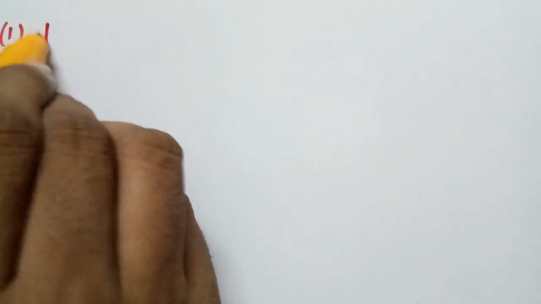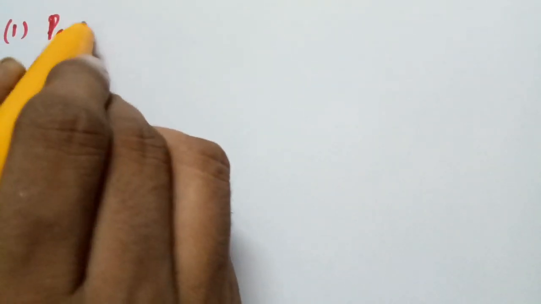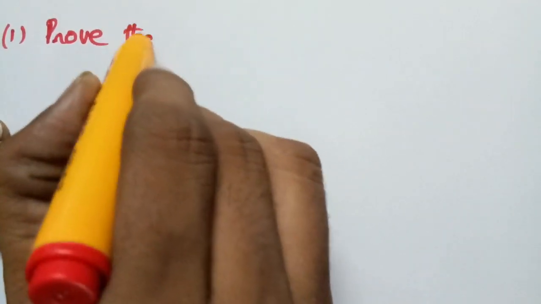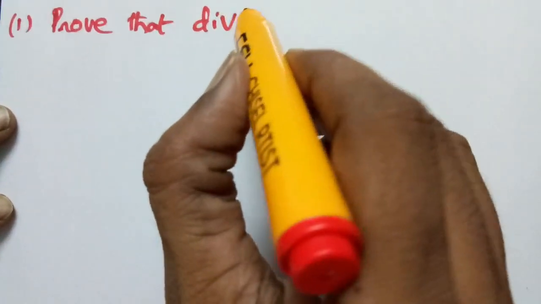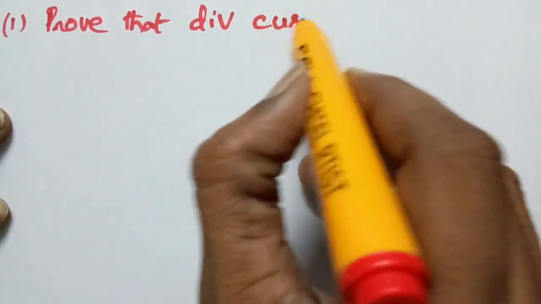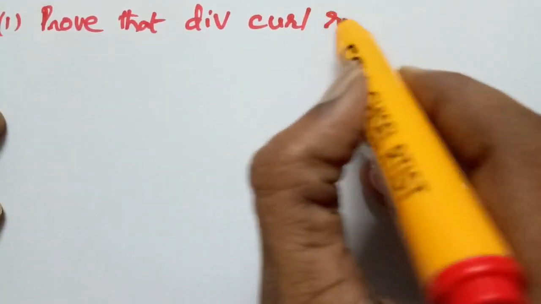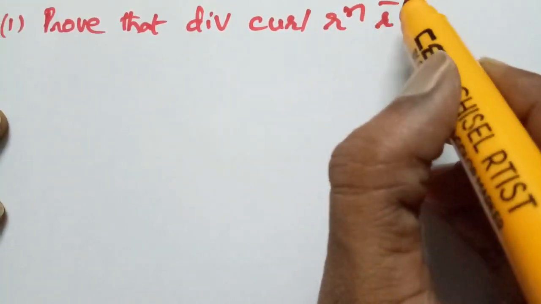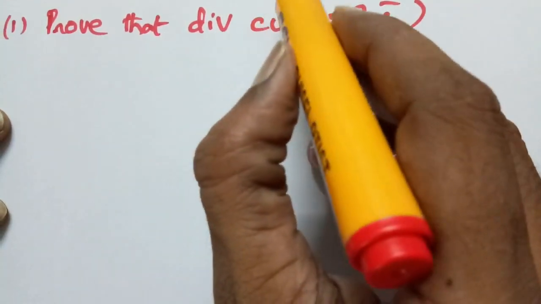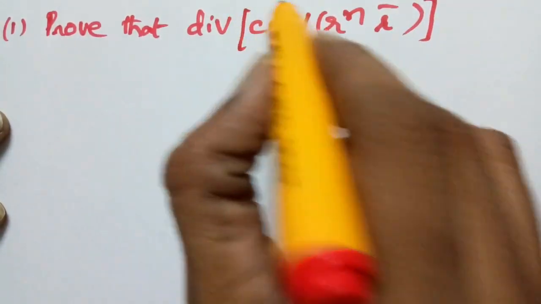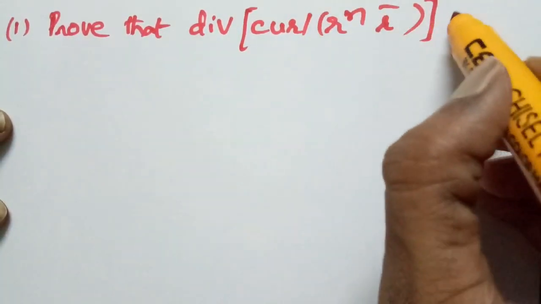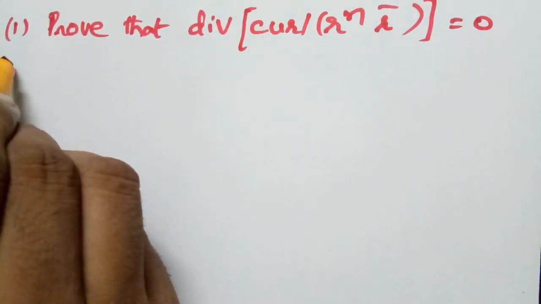Problem number 1. Prove that divergence of curl of r power n into r bar is equal to 0.